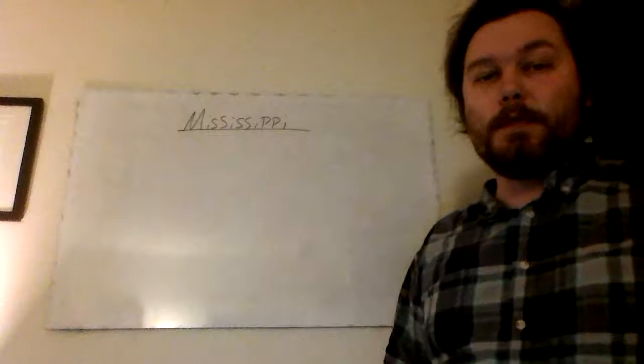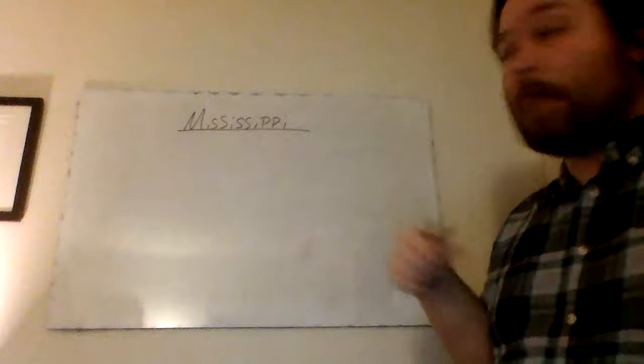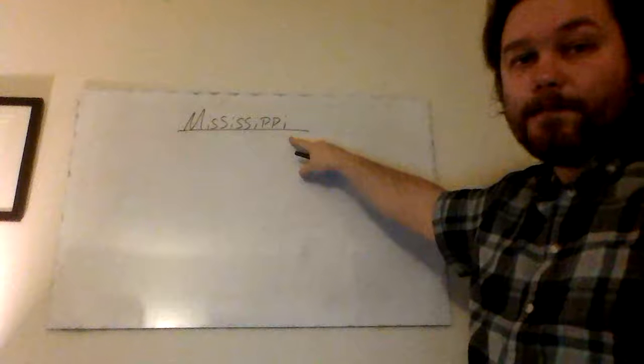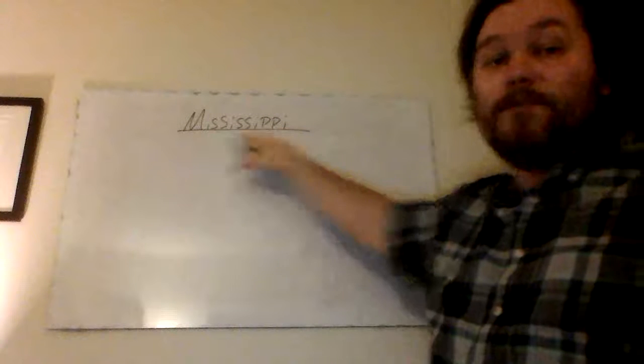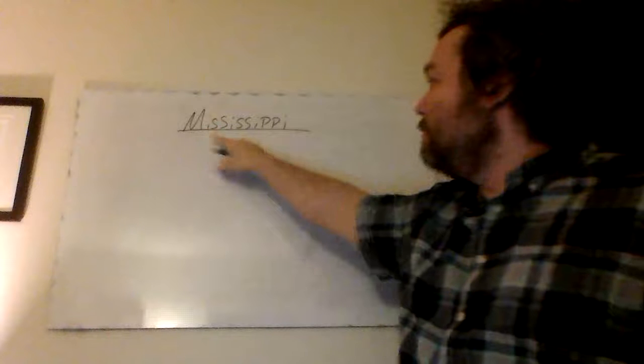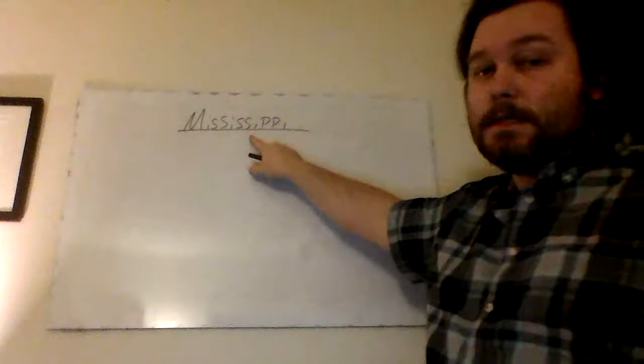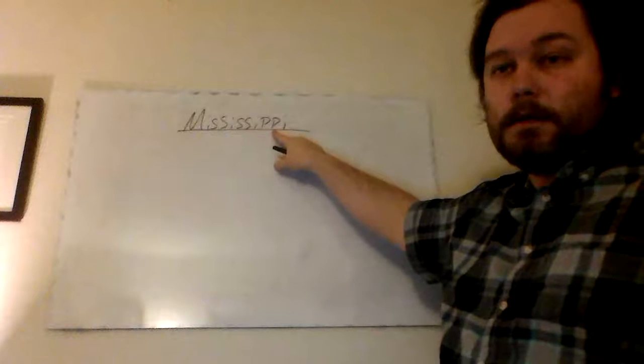in Mississippi? Okay? So the Mississippi problem is you have 11 letters here, right? So you have 11 letters, but you have duplicates. You have 4 I's, you have 4 S's, and you have 2 P's.